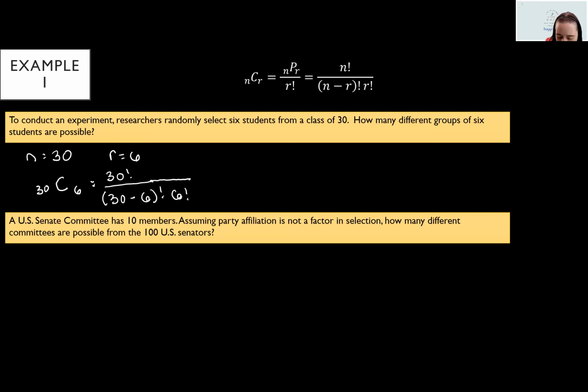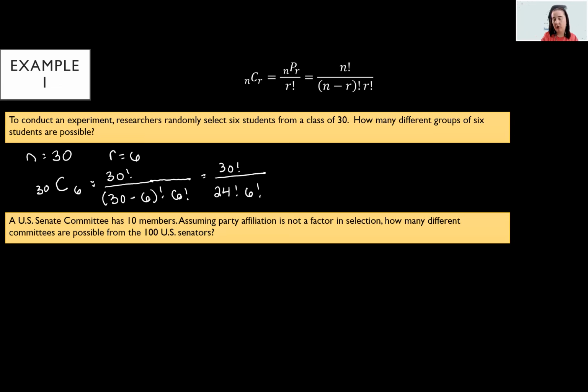So we've got 30 factorial on top, and the 30 minus 6 is 24 factorial. So I'm going to just simplify that. The way that factorials work is you've got 30 on top, that's 30 times 29 times 28 times 27, and so on. And then you've got the 24 factorial in the denominator.